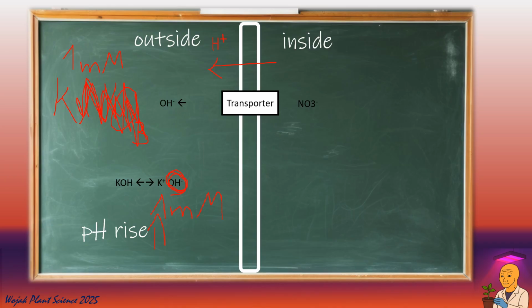There is a much higher concentration of atoms or ions inside the root, and you want to transport against the concentration gradient. This is why you require energy for this, otherwise it would work on its own, because it's always trying to balance. But that's a completely different topic.